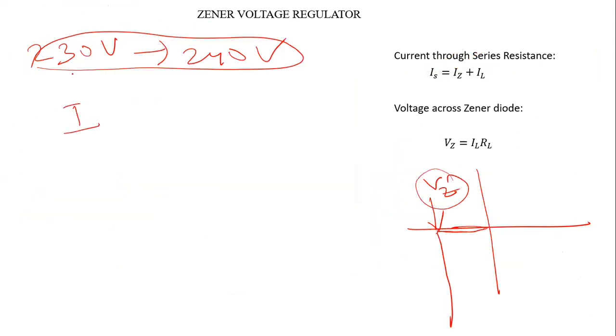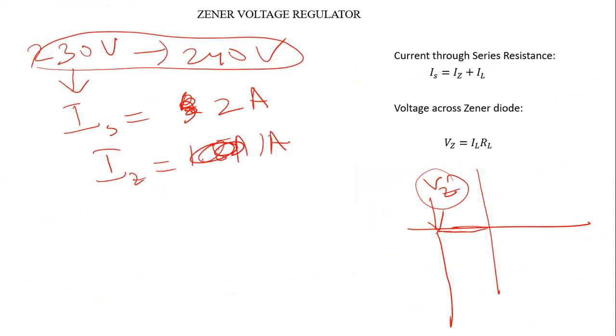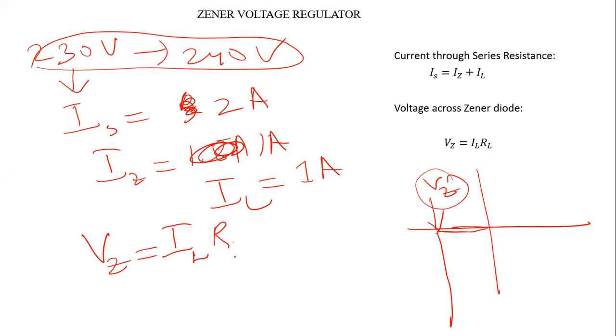Let's say the initial value at 230 volt, the initial value of Is was 2 ampere, and the current across the Zener diode was 1 ampere. The current across the load resistance IL was 1 ampere, and the voltage across the Zener diode is equal to the voltage across the load resistance.